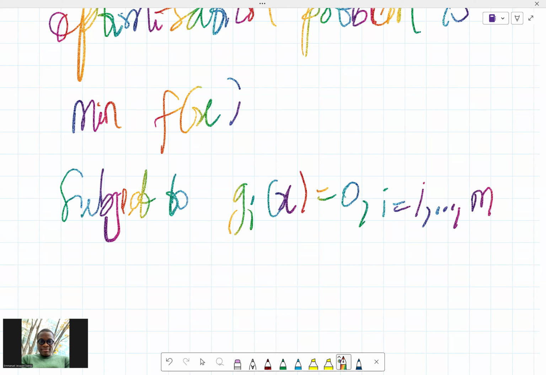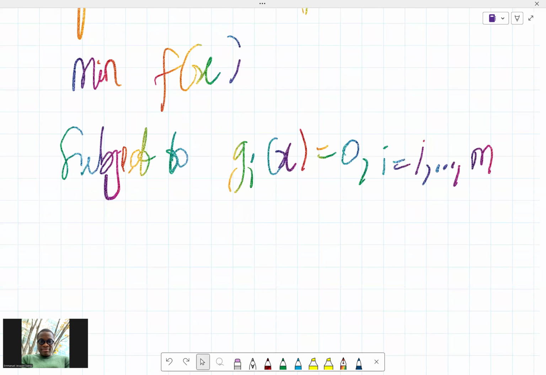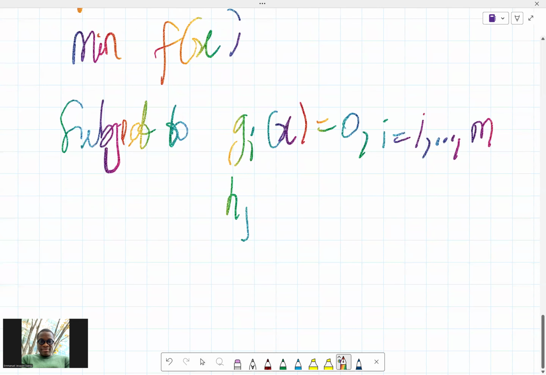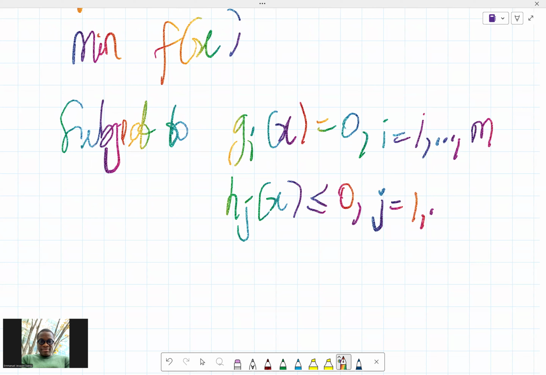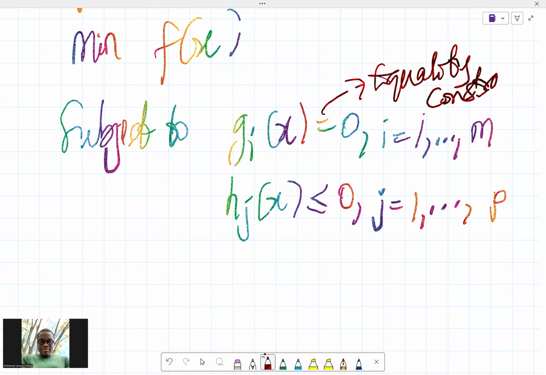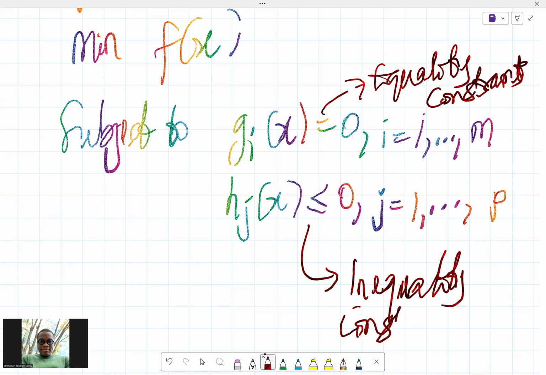These are equality constraints. And then you have hj of x less than or equal to 0, where all the j's are from 1 through to p. And these are the inequality constraints. So that's the general formulation.